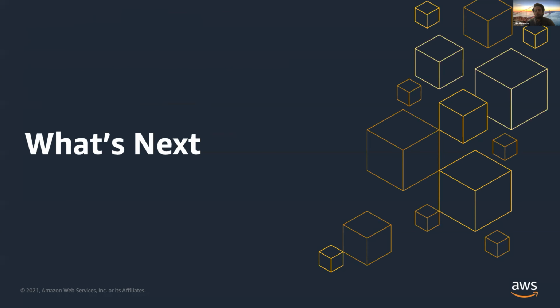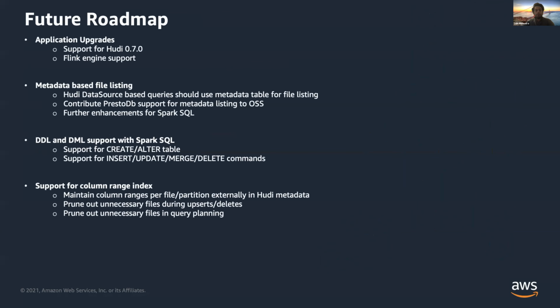So let's see what's on our roadmap ahead. We constantly want to upgrade our applications, and support for Hudi 0.7.0 is probably our top priority at this time. It also comes with Flink as an engine support, so we want to make sure that it can work with the Flink offering we have on EMR.